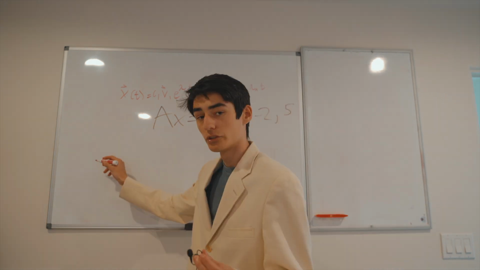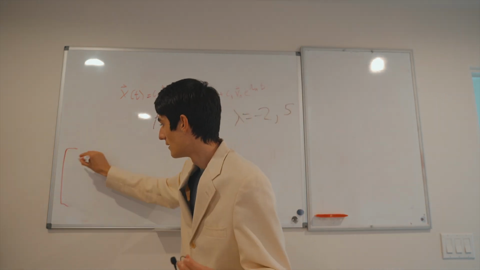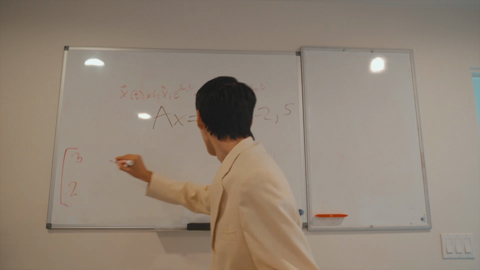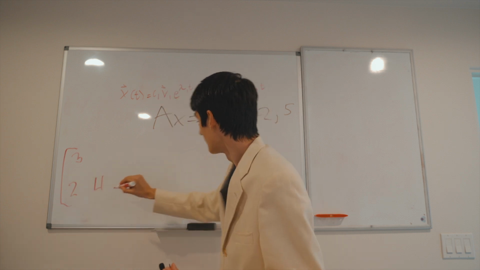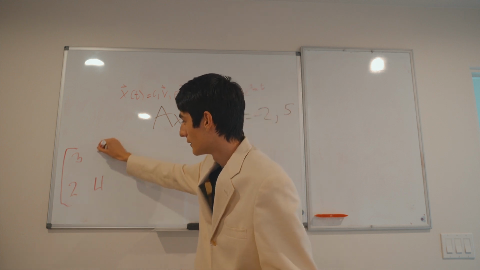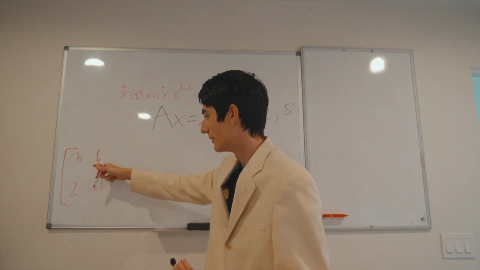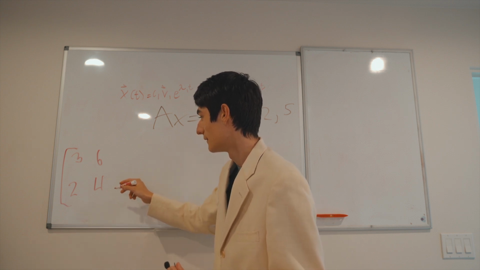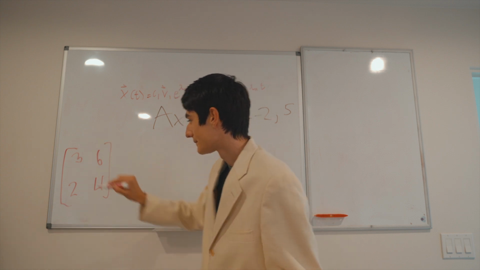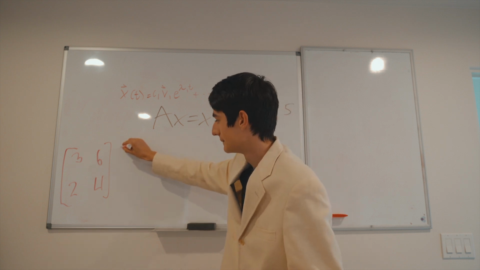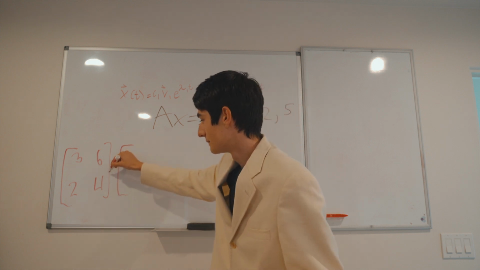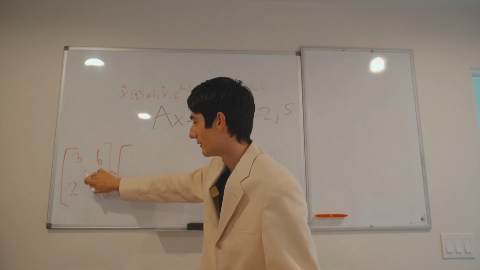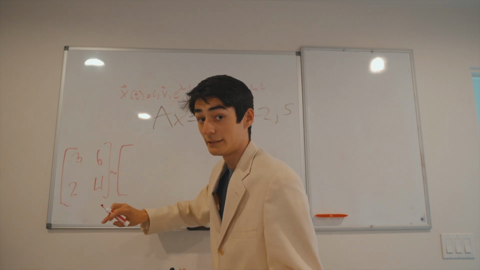Okay, so we start with 3, and then there's 2, and then 4, and then we have our 6, as we had before, but now we have the eigenvalues added, and then we must solve this. We'll reduce it and see how they are linearly dependent now.